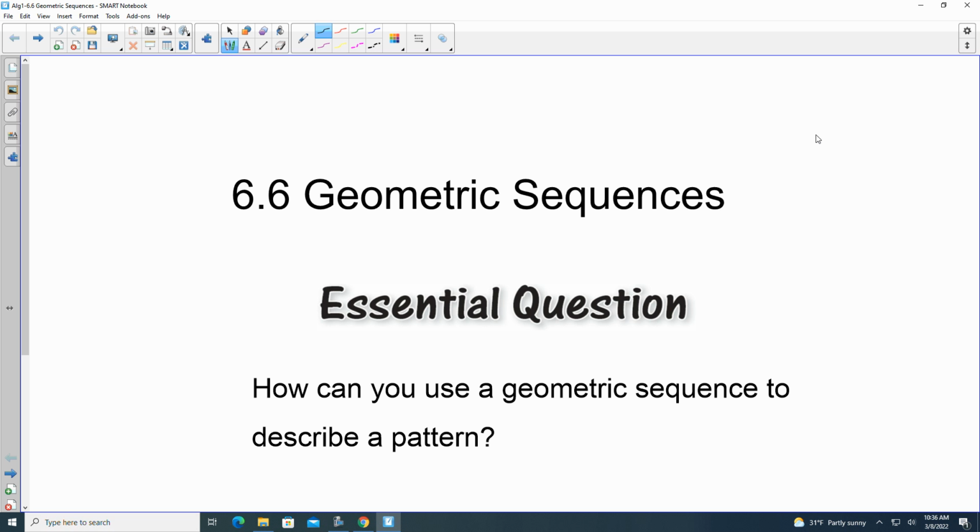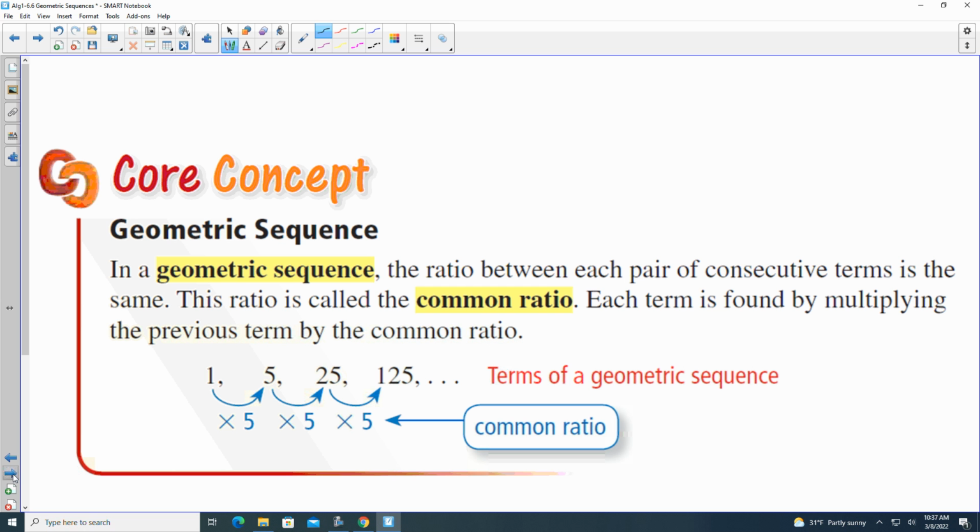Geometric sequences fall into the exponential because geometric sequences have a common ratio. So as long as the sequence has a common ratio, we can say that it is in fact geometric.